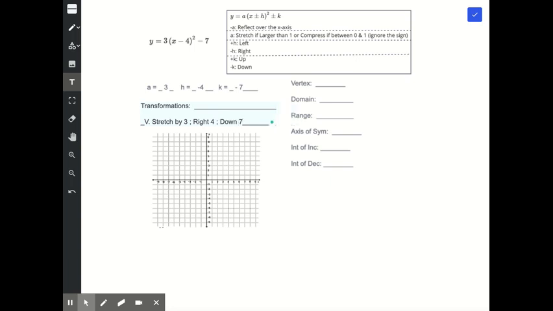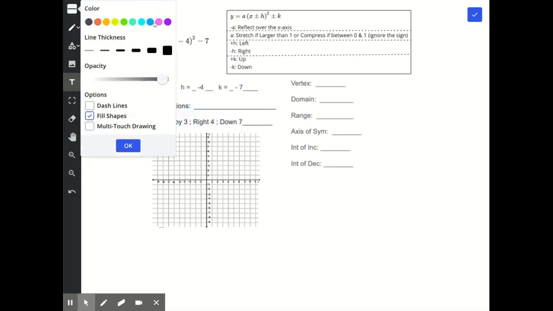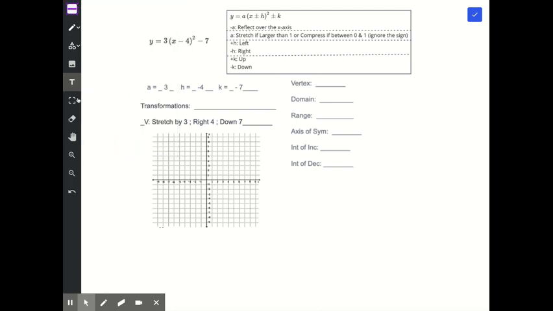That's the order of the equation, not the order of how we're going to graph it. The order of how we're going to graph it is these two things first. So I'm going to choose a different color. I'm feeling like purple. I'm going to draw a line where these axes are going to move right 4, so this vertical is going to move right 4, and this x-axis is going to go down 7.